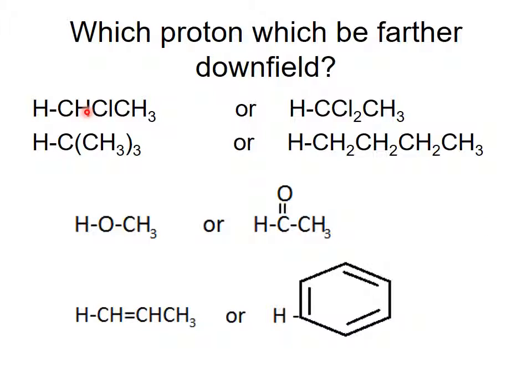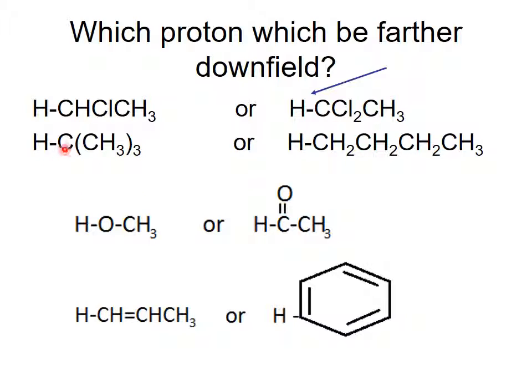Okay, for this first problem, which one is going to be more downfield? This has a chlorine and this has 2 chlorines. Because 2 chlorines is more electron withdrawing, this hydrogen will be more downfield. Its number of parts per million will be higher.